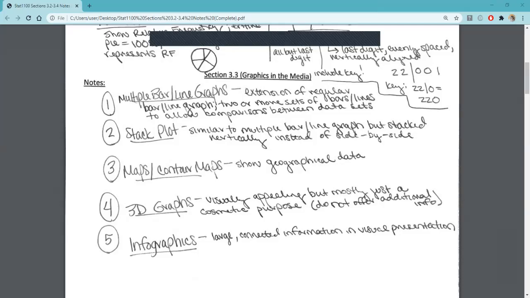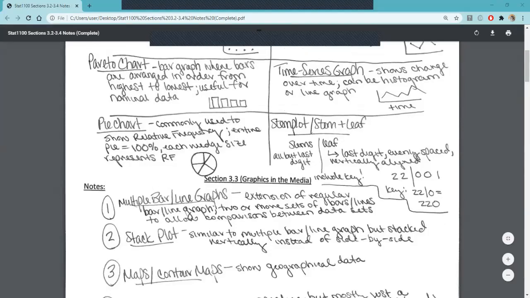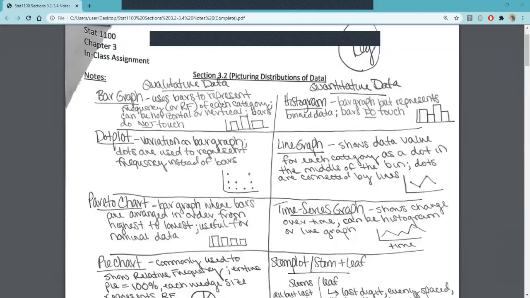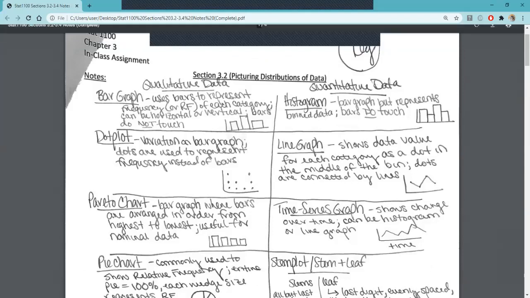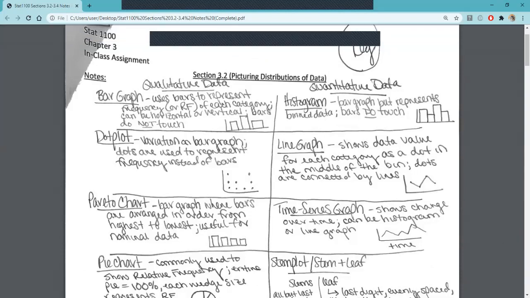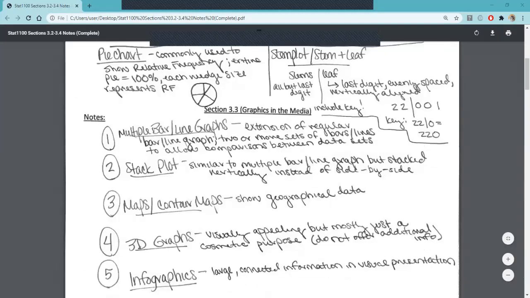So we could see multiple bar or multiple line graphs, and it's going to be very similar to a normal bar or normal line. The only difference is instead of just having one category here in this drawing, instead of just having one category for each data value, we can have more than one.